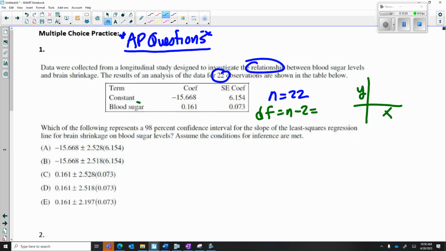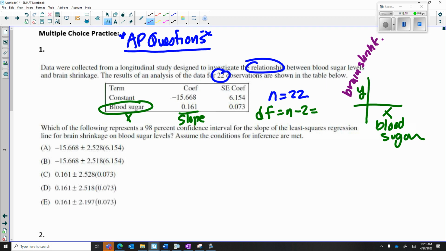The x variable is always the one next to the slope, and that is blood sugar. The y variable is the other one, which happens to be the brain shrinkage. So we do 22 minus 2 and we get 20 for our degrees of freedom.